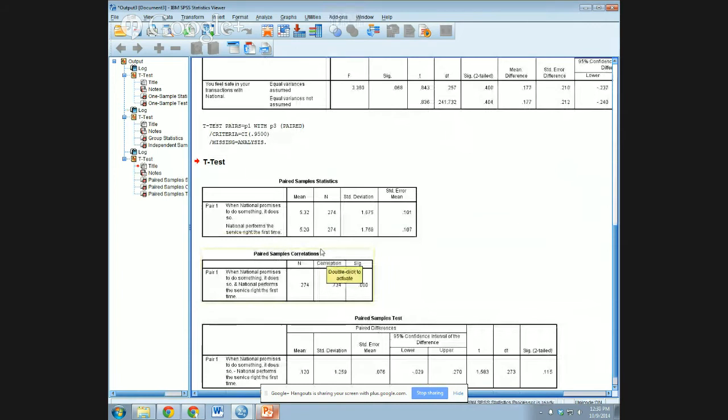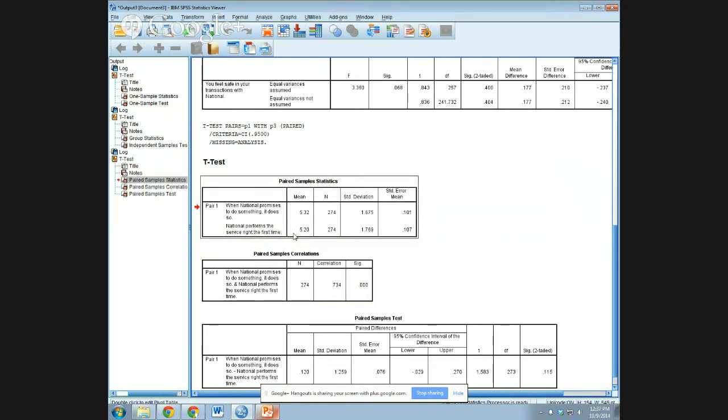Now it's going to show me the mean of it promising to do something and doing so, its standard deviation and standard error. Then the mean of the next one, performing the service right the first time, 5.2, standard deviation, standard error of the mean. When we do a t-test, this actually shows us the correlation. If you recall, correlation is the strength of the association between two variables.